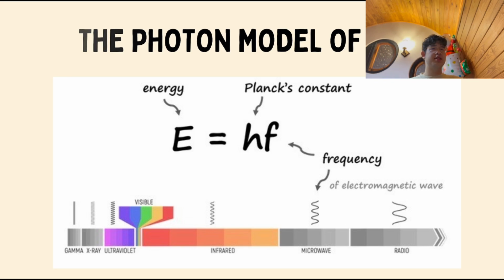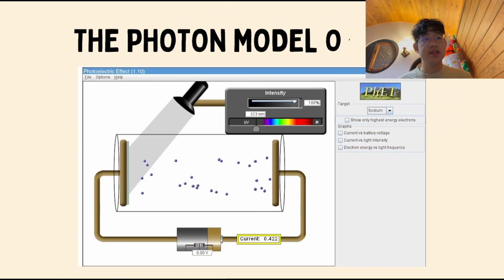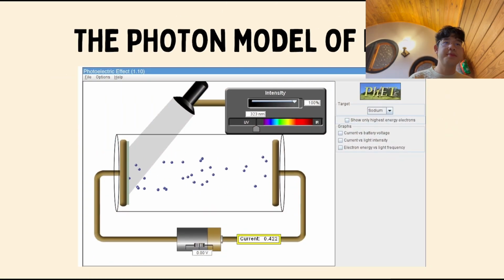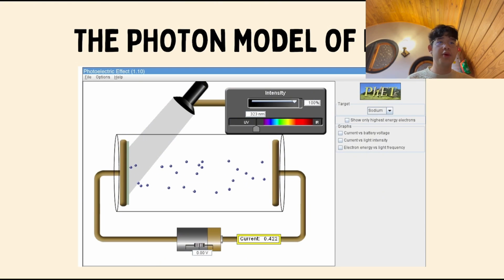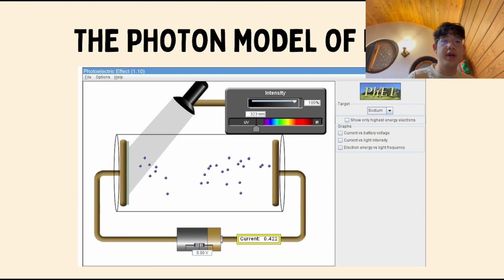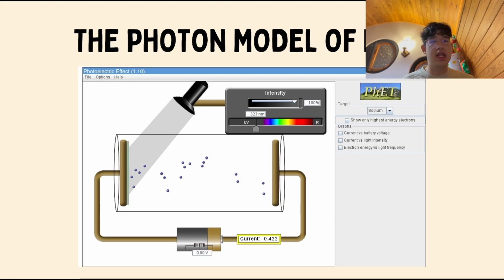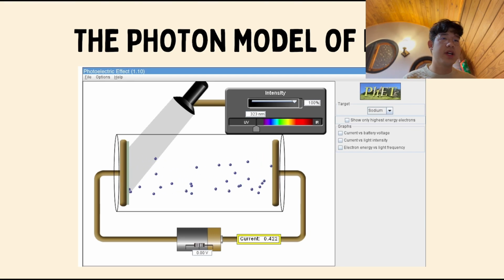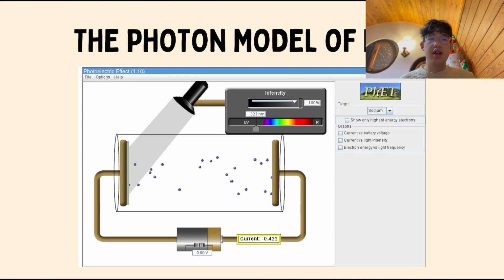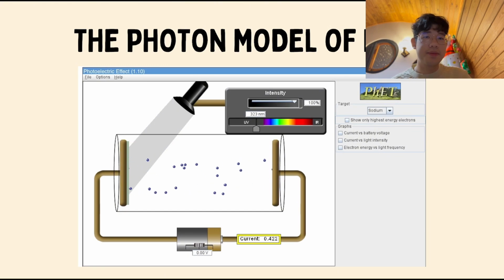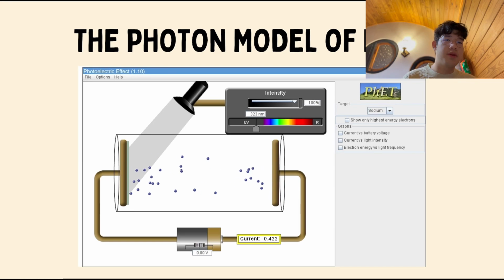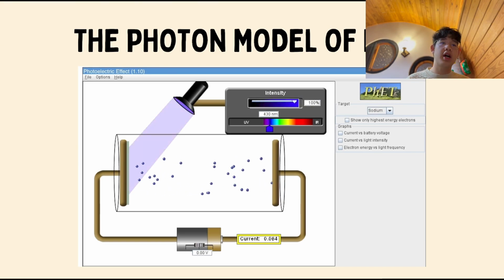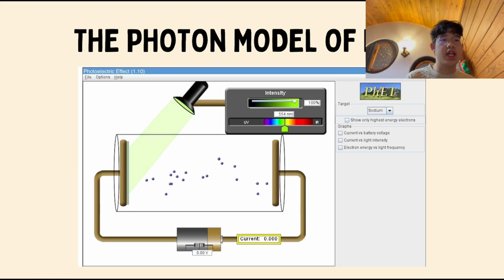And here's how it works. When a photon hits the metal, the energy is used to overcome the work function, which is the minimum energy needed to eject an electron. If the photon's energy exceeds the work function, the extra energy becomes the kinetic energy of the ejected electron. This explains the threshold frequency: below it, photons don't have enough energy to eject an electron.